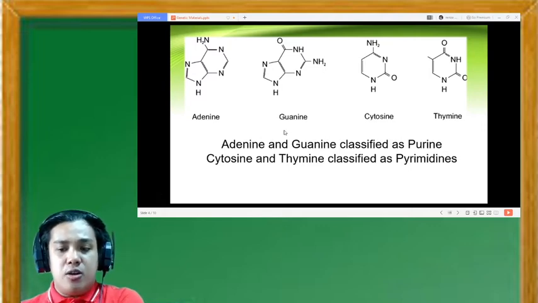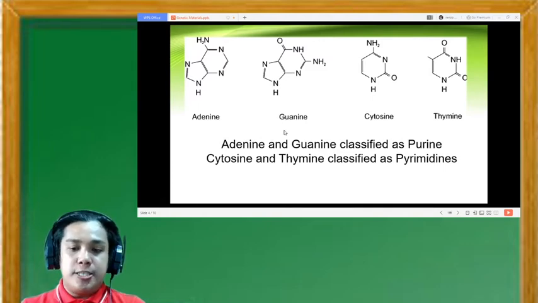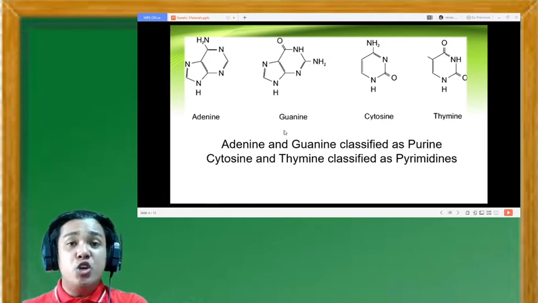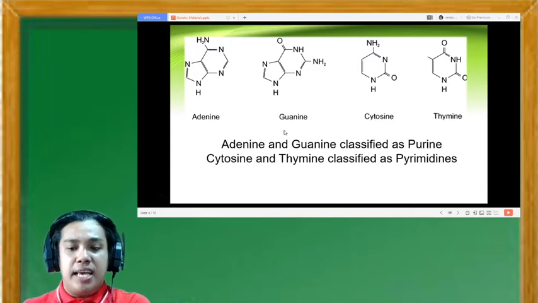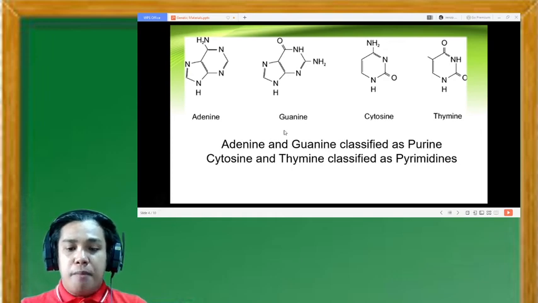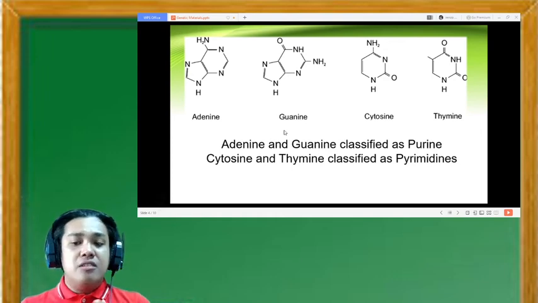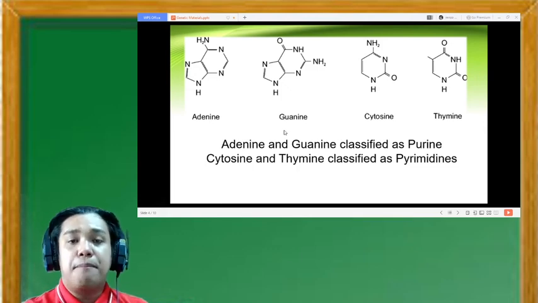Each base is also attached to a sugar molecule and a phosphate molecule. Together, base, sugar, and phosphate are called nucleotides. The nitrogenous bases follow complementary base pairing, A to T and G to C, or adenine to thymine and guanine to cytosine, which pair up to form a new strand of DNA following the semi-conservative process of replication.